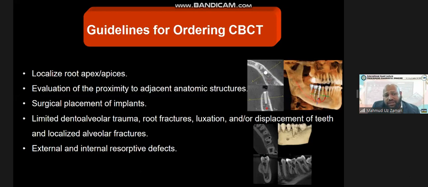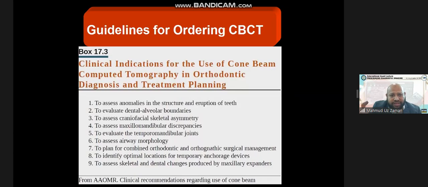Before surgical placement of an implant, we do implant planning in the CBCT. Also if there is any dentoalveolar trauma, fracture, luxation, displacement, or alveolar fracture, we'll go for CBCT. Or if there is any external or internal resorption of the tooth, you will go for CBCT, and we'll allow this one. So this is the guideline given in the book.